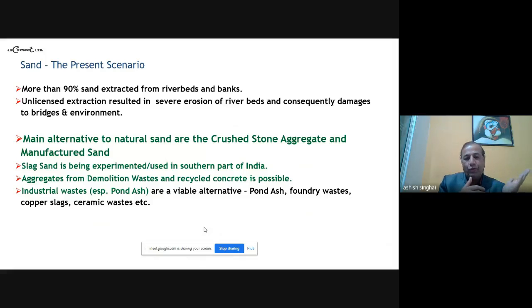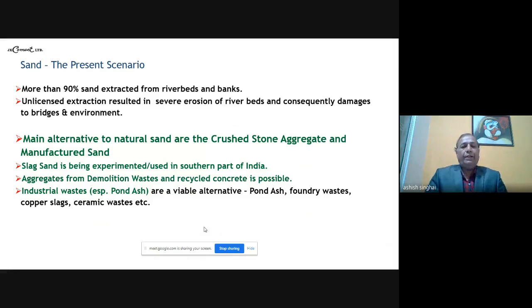If you go to those rivers, possibly you might have visited some 10, 15 years ago, you might as well get a barren land instead of a flowing river. So that is a very, very worrisome picture. And the beauty is that now the central government and many state governments are making it mandatory to go for manufactured sand or the crushed stone aggregate sand.